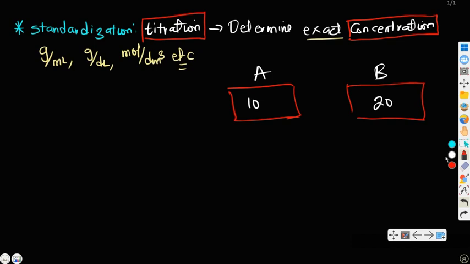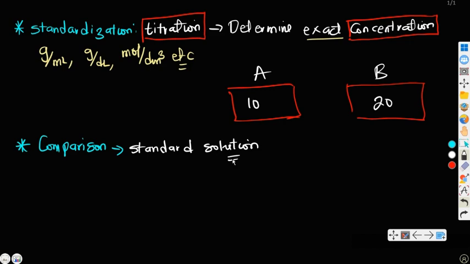Now, what is titration? Generally, in titration, what you are trying to do is to know the exact concentration using comparison. Using what? A comparison with what we call a standard solution.